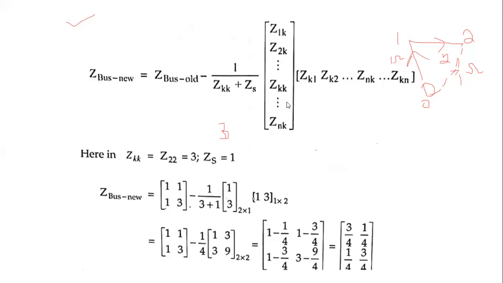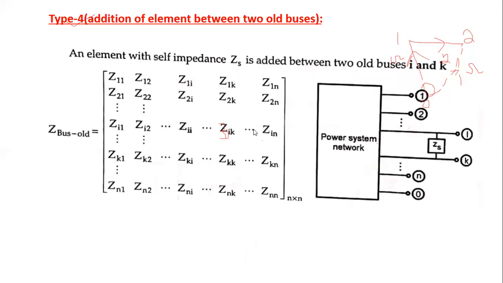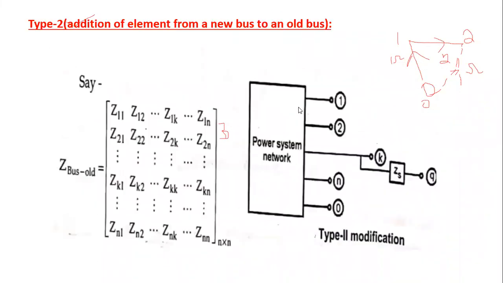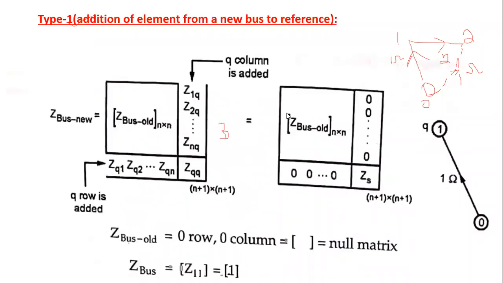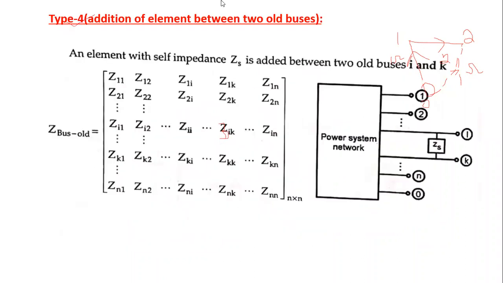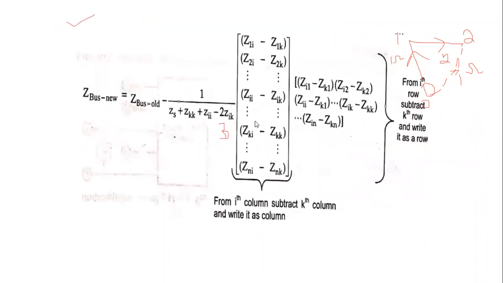This is a very important problem from the exam point of view. Next, we consider adding another element, that is element 4, which is 2 ohms. When we add the element between two old buses, the addition of that element is called the type 4 modification.